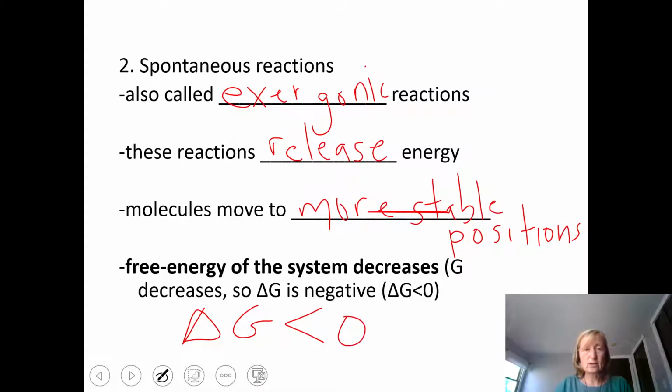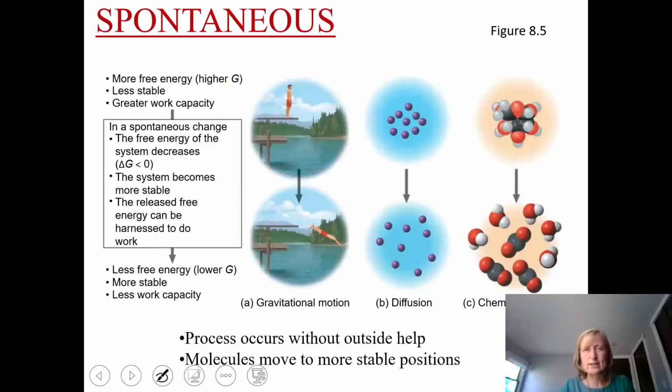Let's take a look at some examples, and then I'll draw this out to help us understand. A spontaneous or energetically favorable reaction could be any one of these things shown. We can go back to our diver. At the top of the platform, this diver has a lot of potential energy because of his position, right?